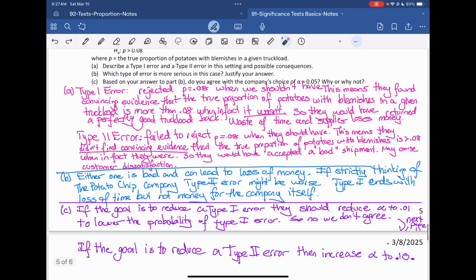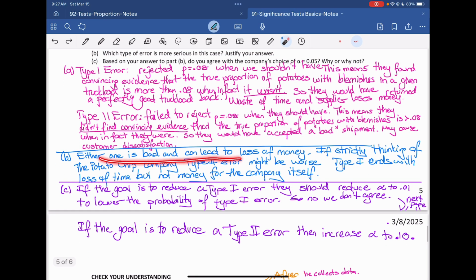So in part B, it says which type of error is more serious in this case. Either one is bad and can lead to loss of money. If strictly thinking of the potato chip company, type 2 error might be worse. Type 1 error ends with loss of time, but not money for the company itself, or not as much money.